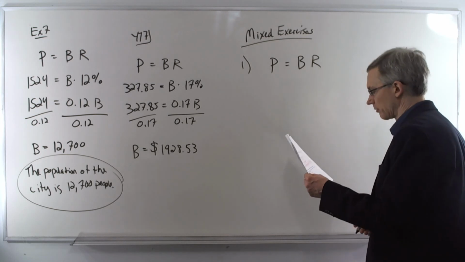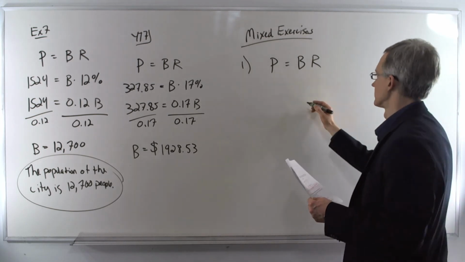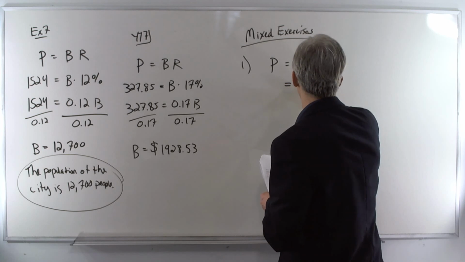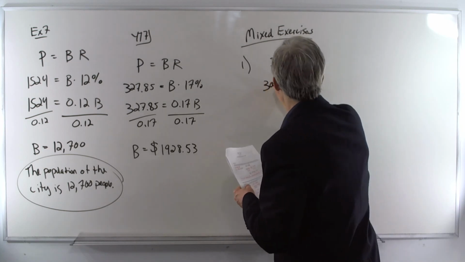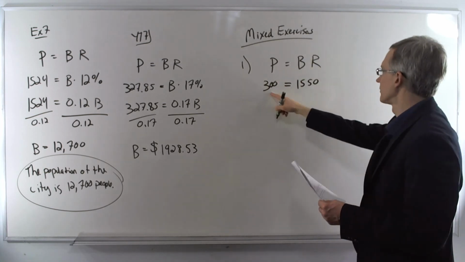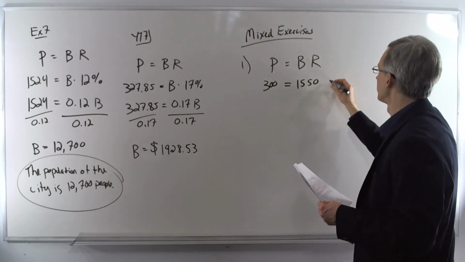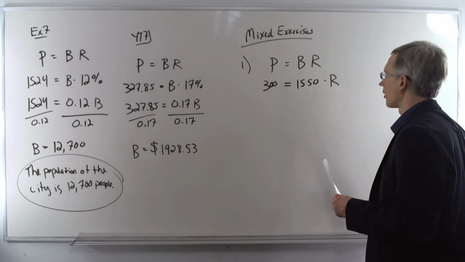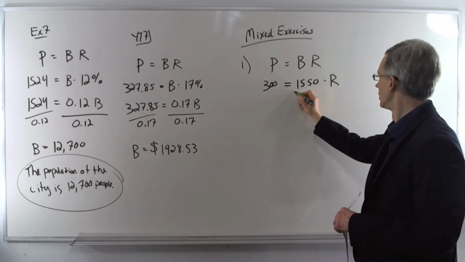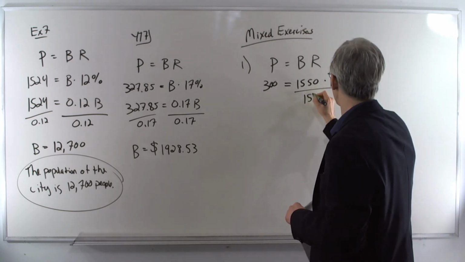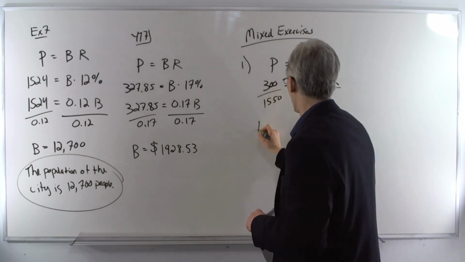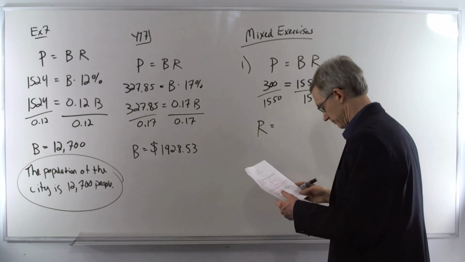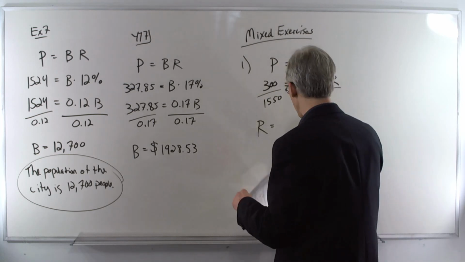All right, now the total bill is $1,550, so that's the base. Total is the base. And the part, installation, goes on the left. So $300 for the part, $1,550 for the base, and we're solving for R, the rate. Divide by the number next to the variable, and R is 0.194.